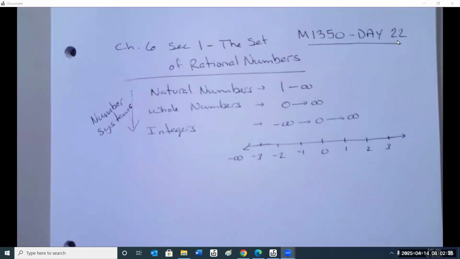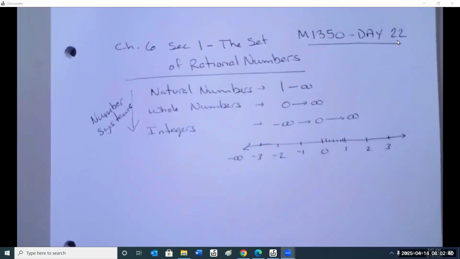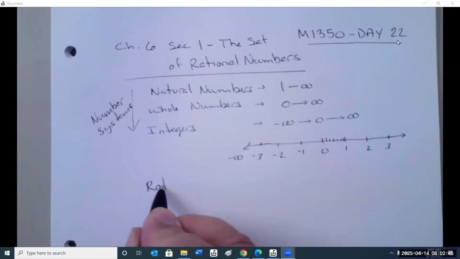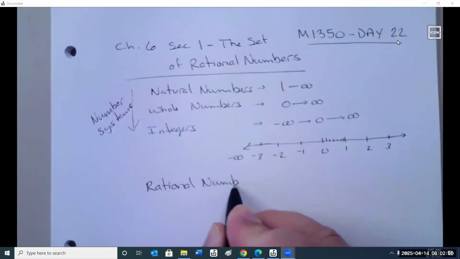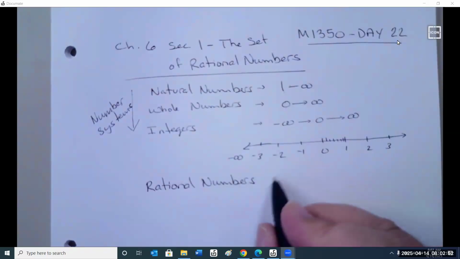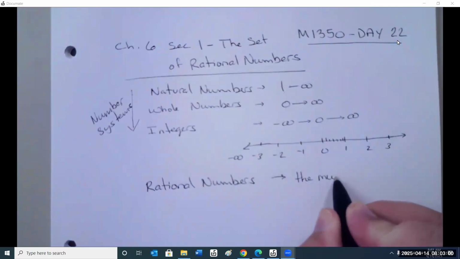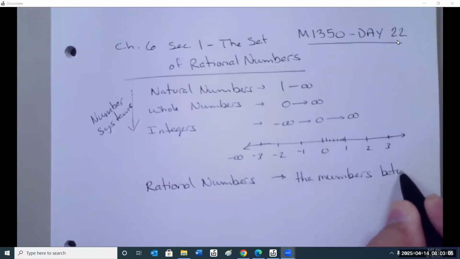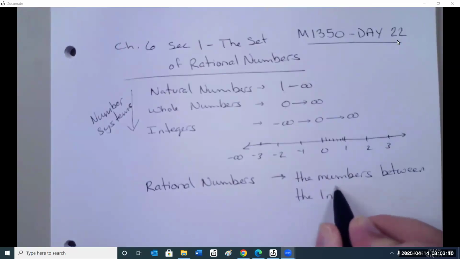Now, what about numbers between integers? Those are what we call rational numbers. These are the numbers between the integers.